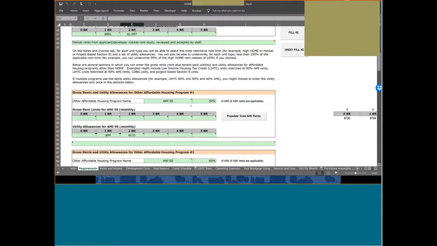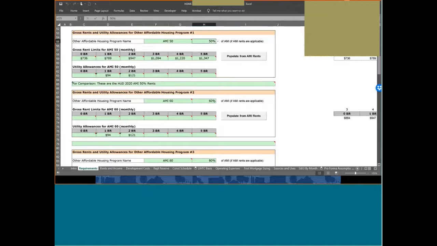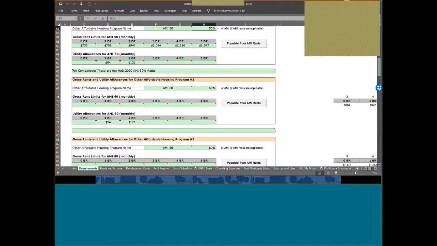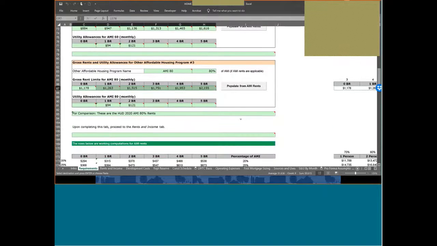At this point, there's a rather neat feature where we can populate what the AMI rent limits are based on the percentage of AMI. We can do it just for reference for 50, 60, and 80% here. We included comments to show what that information represents.